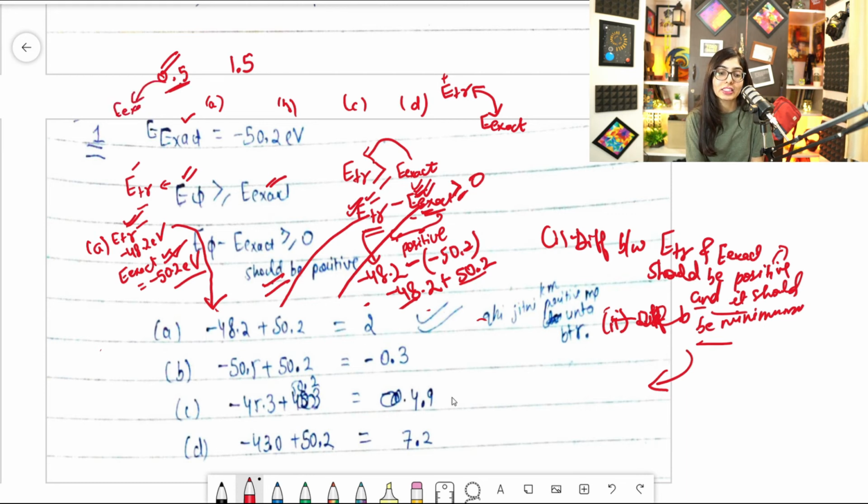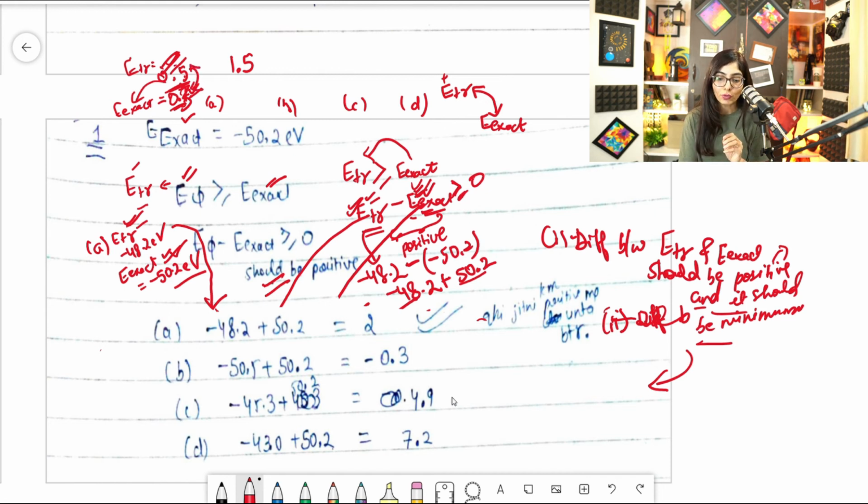Suppose my E trial is this and E exact is suppose 0.7. Fine. So this is matching more with this 0.3. I'm sorry, because E trial will always be greater. So suppose I take E exact 0.3, obviously I'll prefer 0.5 because it is much closer to this. Fine. The difference should be less.